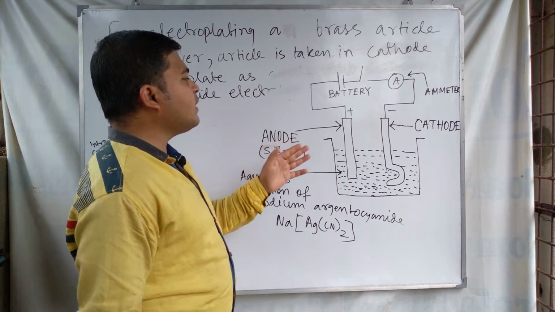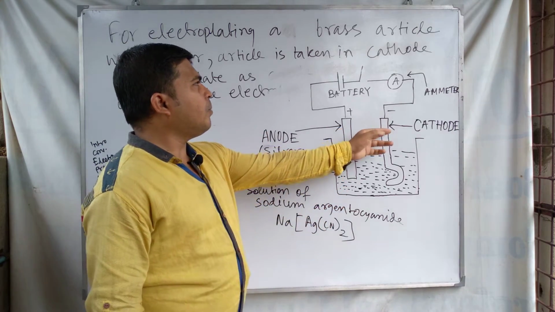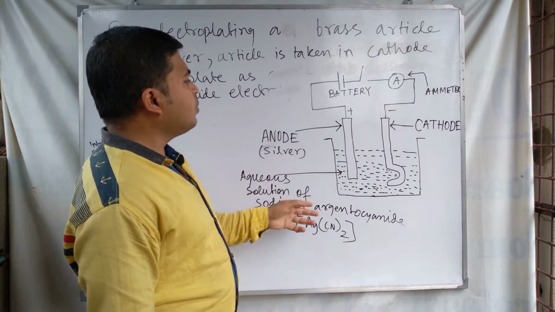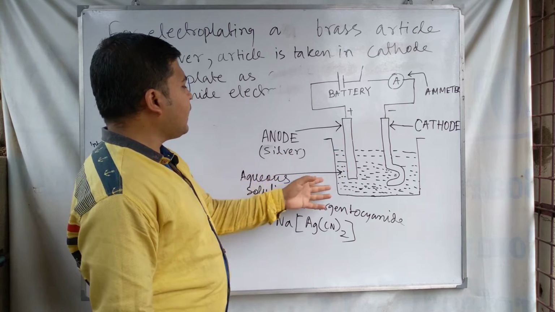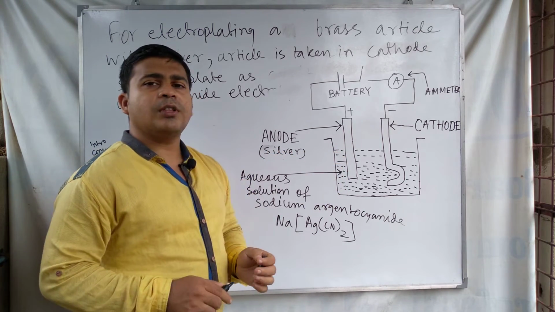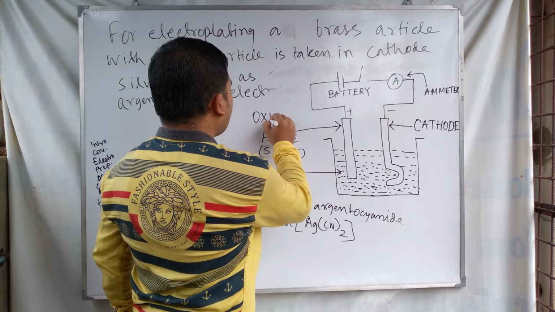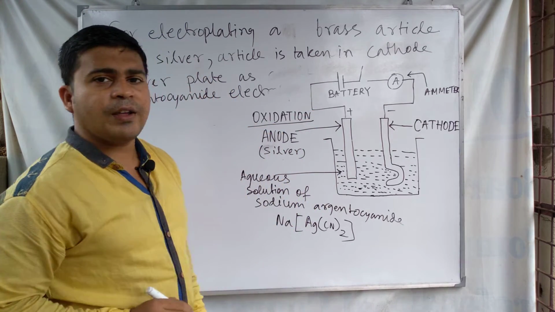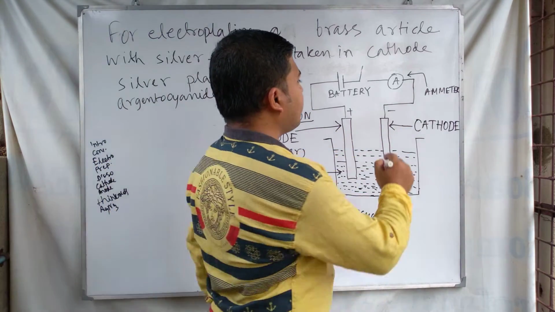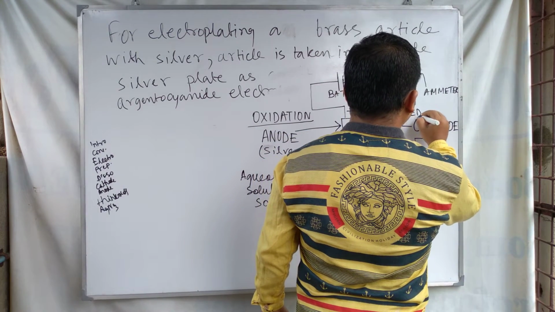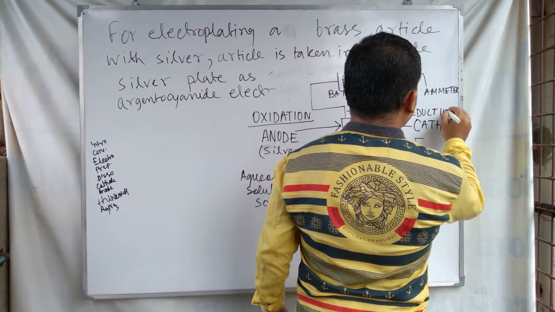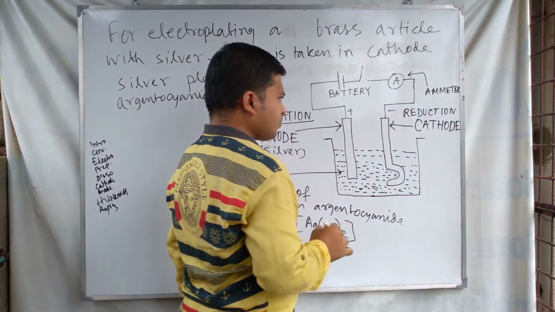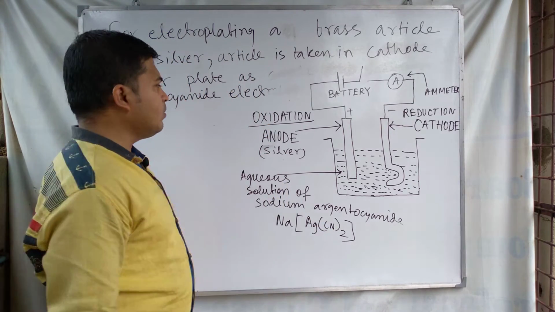Right now we see that the article to be electroplated, the brass article, is taken as cathode, and the article by which the electroplating is done is taken as anode, because anode means oxidation. Oxidation occurs at the anode, and reduction occurs at the cathode.